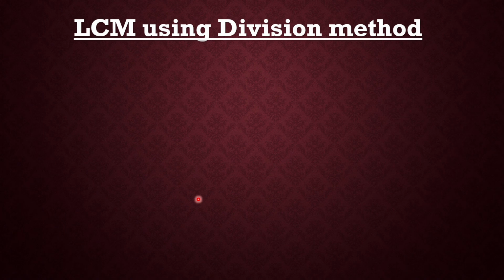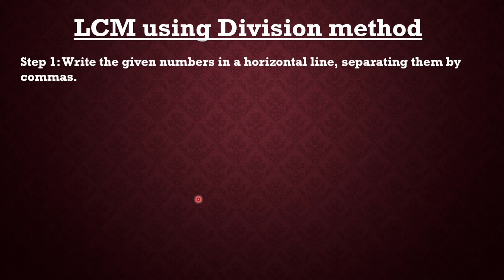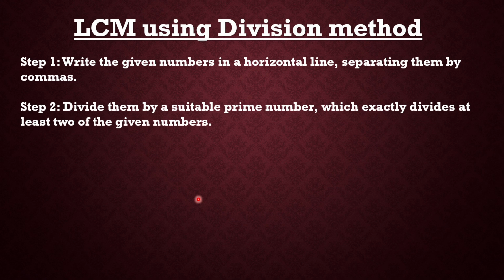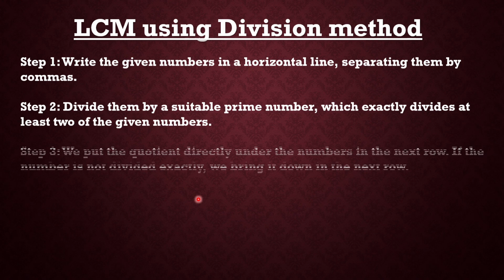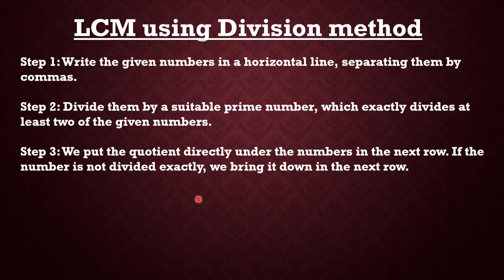Next, the division method. Here, in the same way as we did for HCF, we write the numbers in a horizontal line, separated by commas, and we divide at each level and write the quotient in the next step.